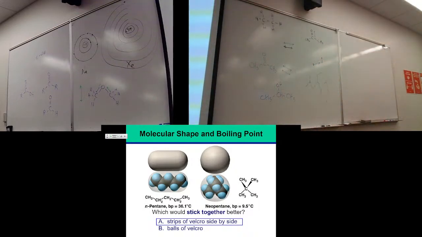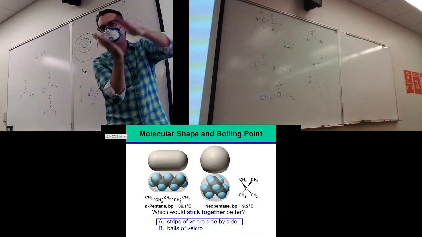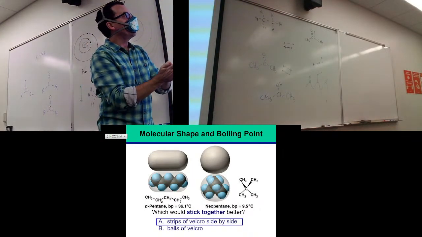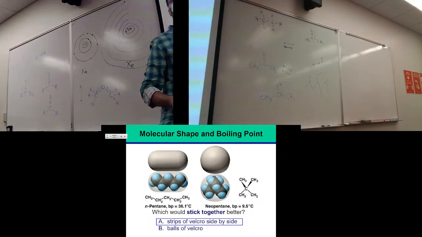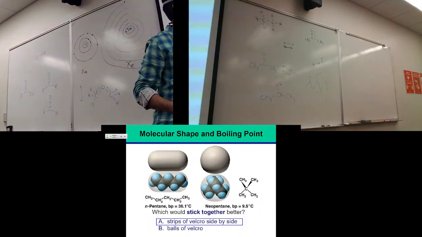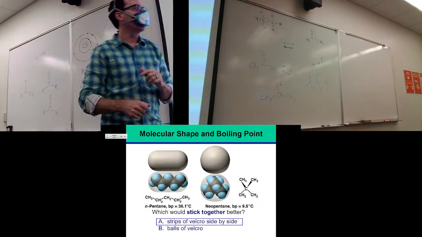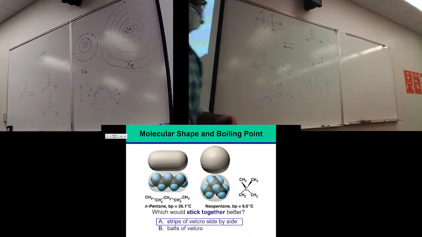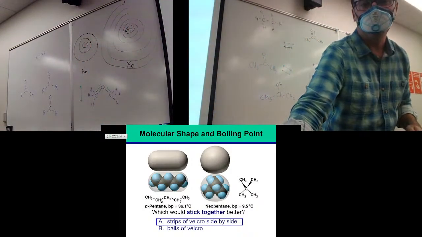Whereas these two cylinders, if coincidentally they interacted like that, of course they don't always do that, but when they do interact like that, there is a huge area over which they can interact. And so because of that, this has stronger IMFs. It's got a higher boiling point. That's lower. So shape is a huge factor in IMFs.